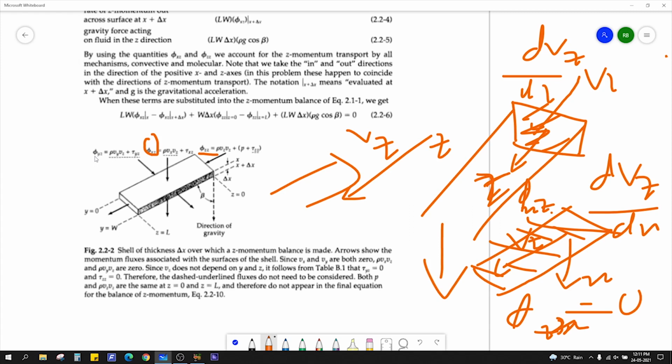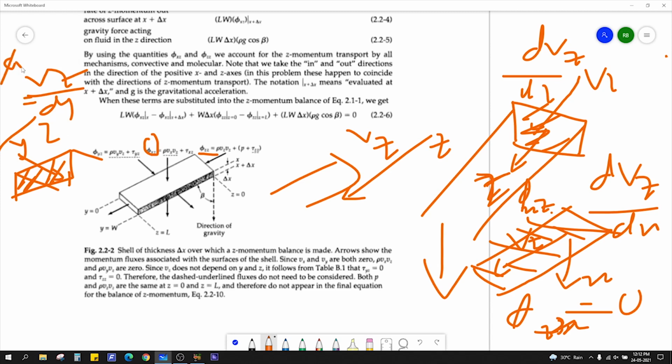Similarly, phi yz. What is the area here? We consider this area, in the y direction. What is the area normal? y, right? The flow is happening in the z direction. So vz by y will be something like dvz by dy. This is best represented by phi yz, so you have to take this value.